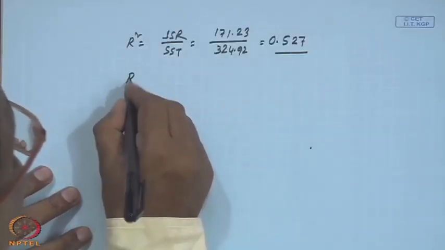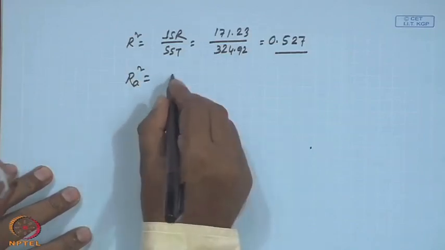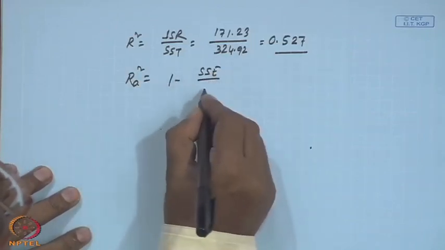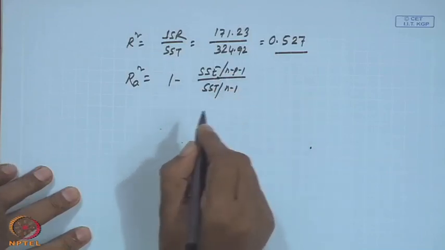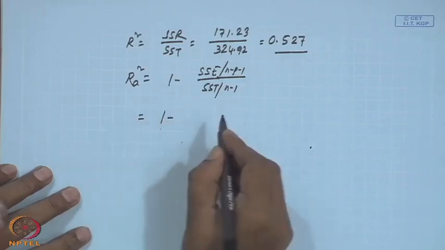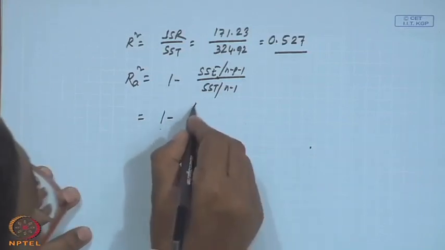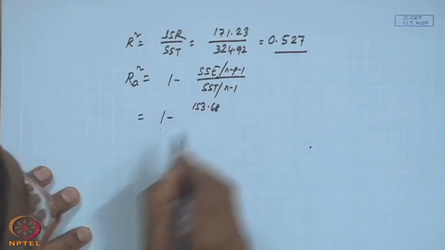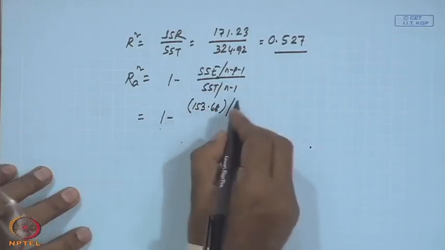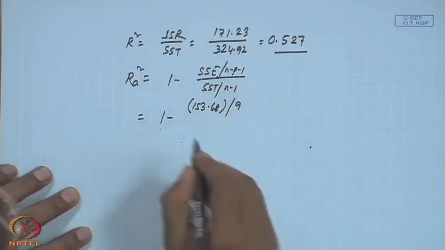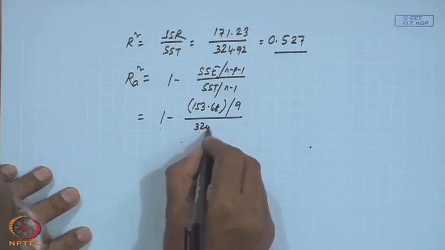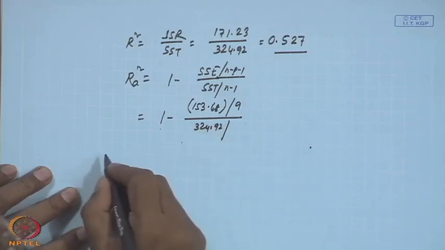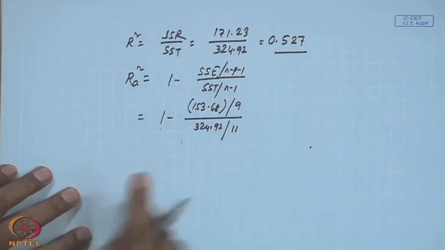Okay. Then what is your adjusted R square value? This is 1 minus SSE by n minus p minus 1, by SST by n minus 1. So, that is 1 minus SSE, how much? 153.68 divided by 9, that is the degree of freedom, by SST, 324.92 divided by 11, n minus 1, 11.